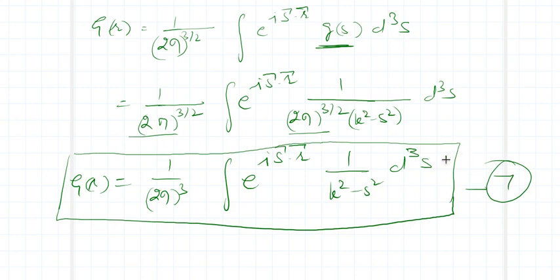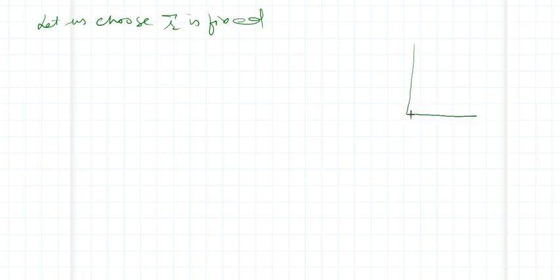Now we have to evaluate this integral so that we have the actual form of the Green function. To evaluate this integral, let us choose that r is fixed. So say this is the coordinate axis, and here this r is fixed, this is the r axis, and somewhere here is the s vector, making an angle theta with the r vector.